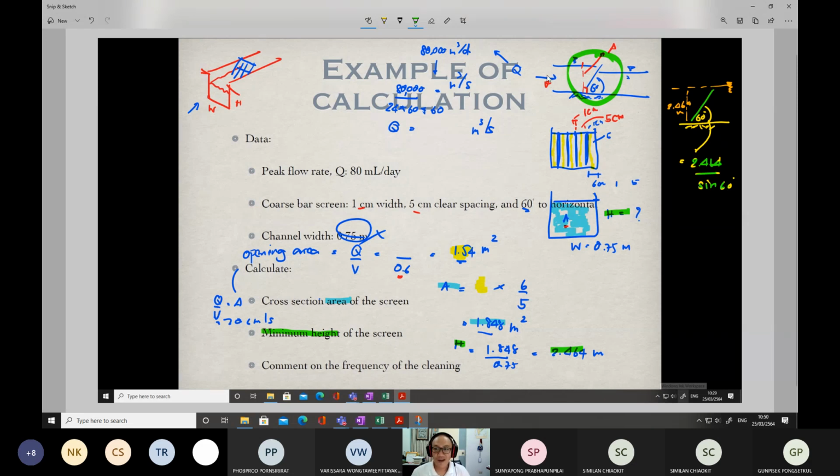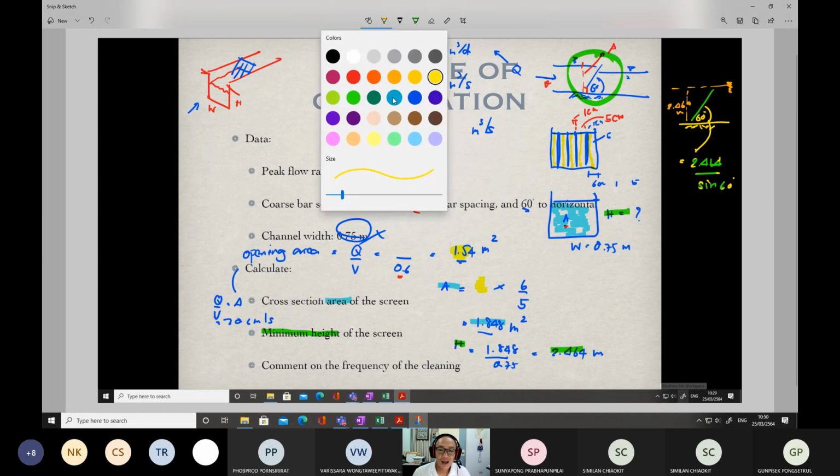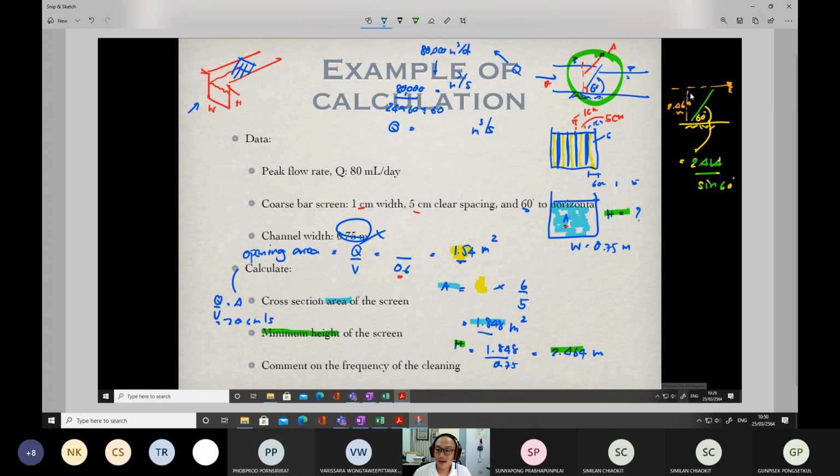And the same thing, if you are talking about the area, this area is also 1.848. So if you want to get the inclined area, you should also take 1.848 divided by sin 60. It's the same thing.